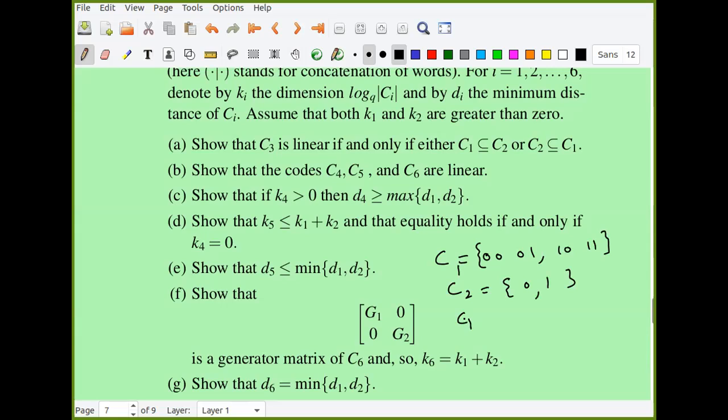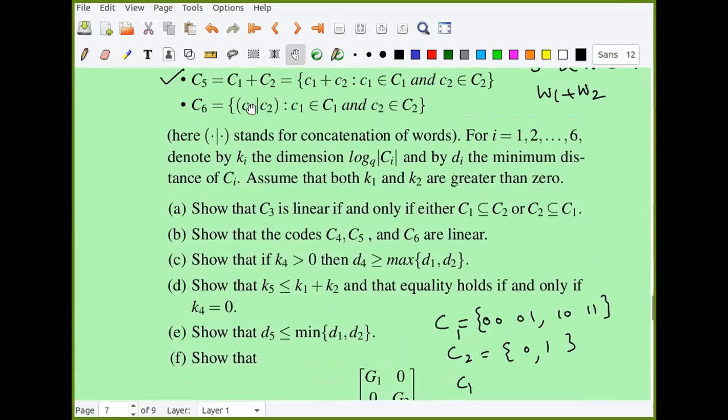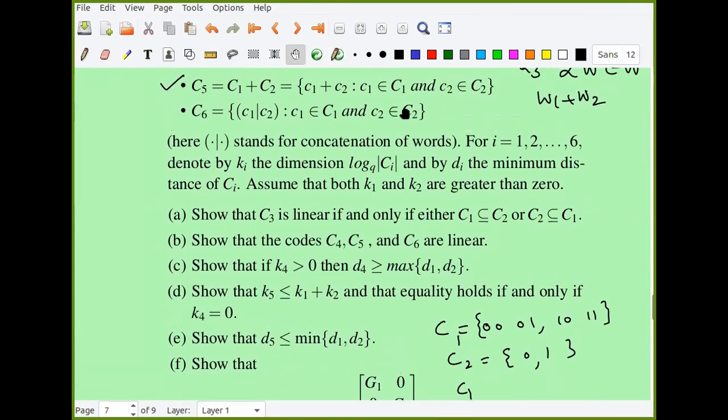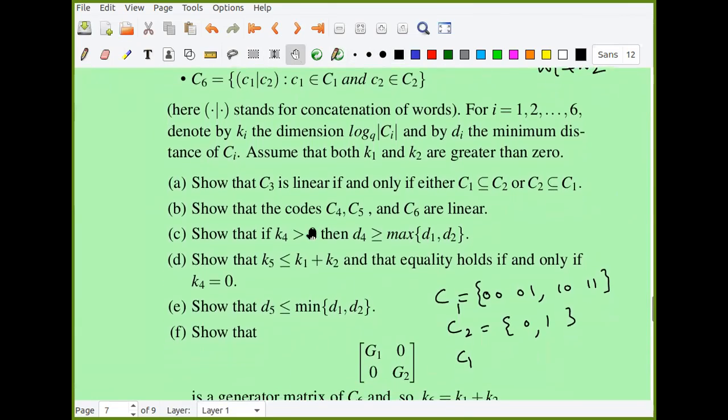What is concatenation now? Concatenation means I put C1 and then C2, where C1 belongs to C1 and C2 belongs to C2. Are you able to see what that code is, the concatenation of these two? So can you tell me the code now?